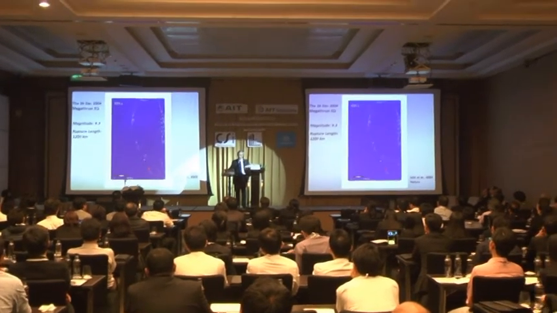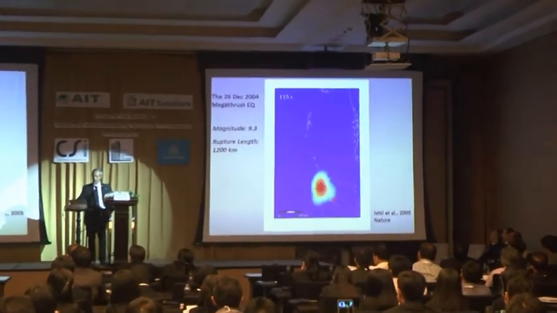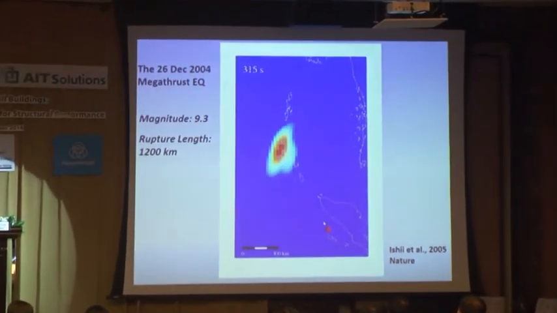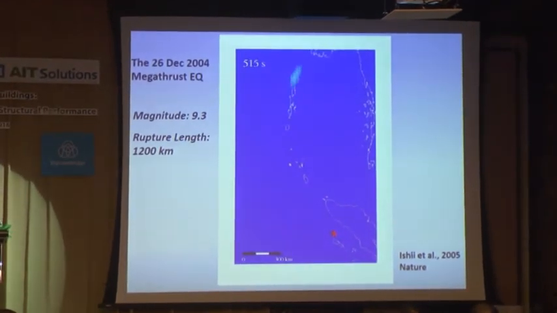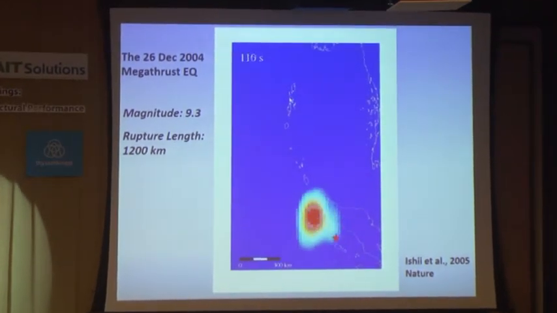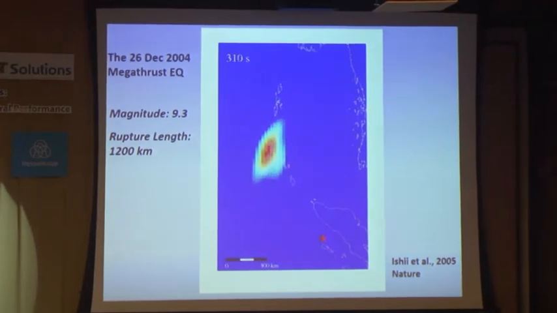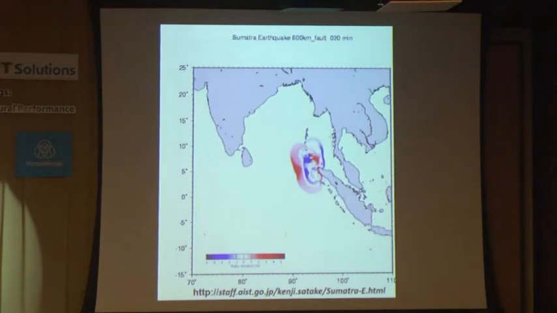It's produced by the slipping between the two big plates, the boundary between the two plates, starting from the north tip of Sumatra. And the slipping continued to the Nicobar and Andaman Island, creating a sudden uplift of the seabed along this and trigger tsunami wave propagating to two directions.